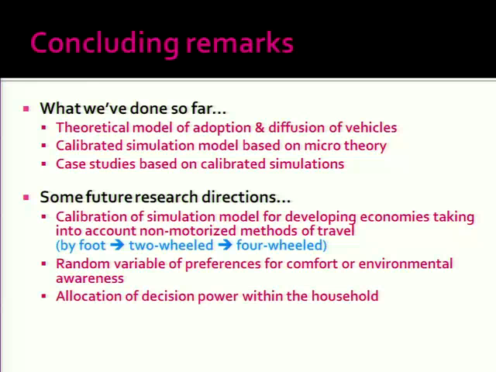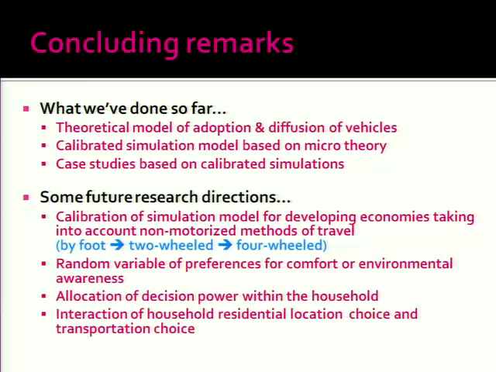And maybe a little bit of a look at the allocation of the decision power within the household, because households aren't individuals, so there's a little bit more intricacy there. And then also possibly adding the interaction of household residential choice, that interaction with transportation choice. So that is it. I would be happy to take any questions if you have any.